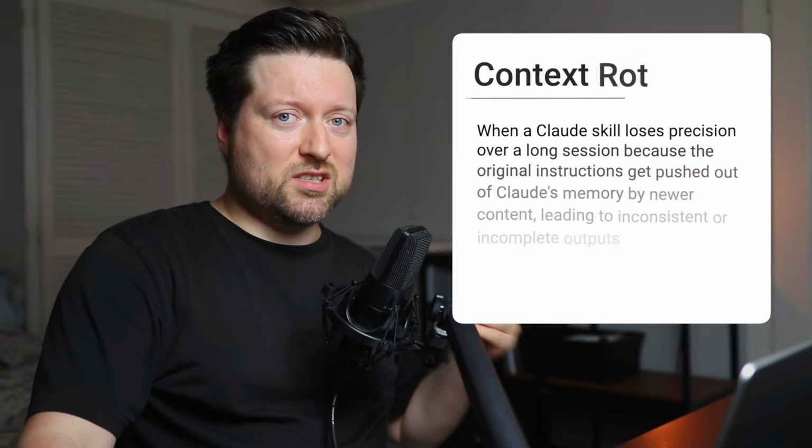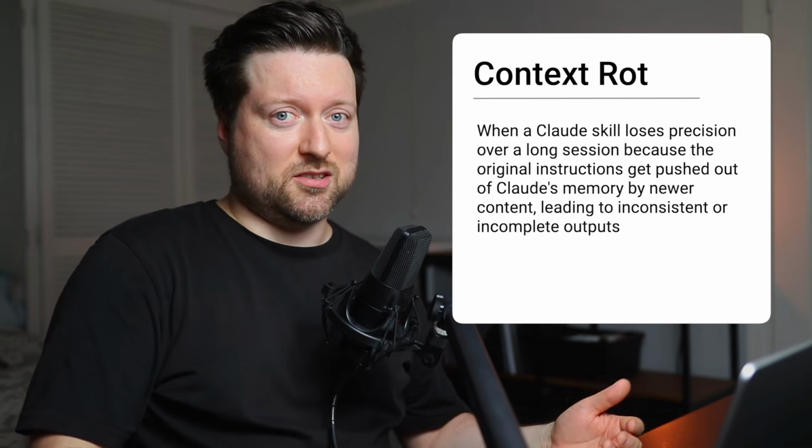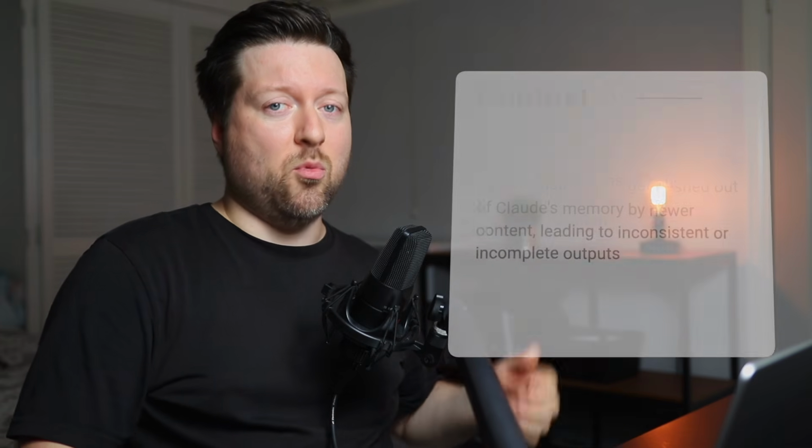And you get something called skill context rot, where essentially the deeper it goes into doing all the tasks you've assigned it within one skill, the more it forgets the initial context of the skill, and you essentially see a drop in results.